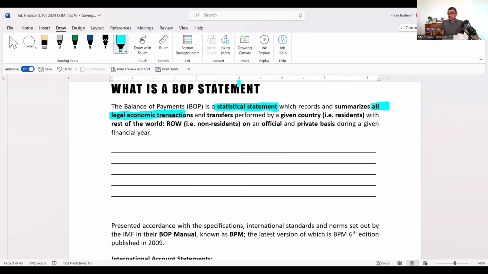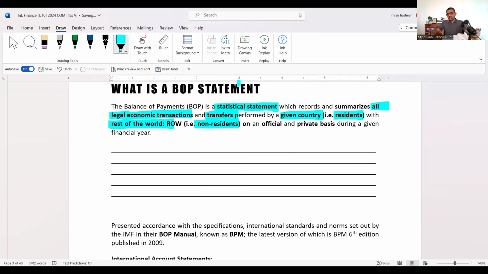Illegal economic transactions and transfers. If I use one word for both transactions and transfers, I could say economic activities performed by a given country, so the residents of, for example, Sri Lanka with the rest of the world, ROW, non-residents.